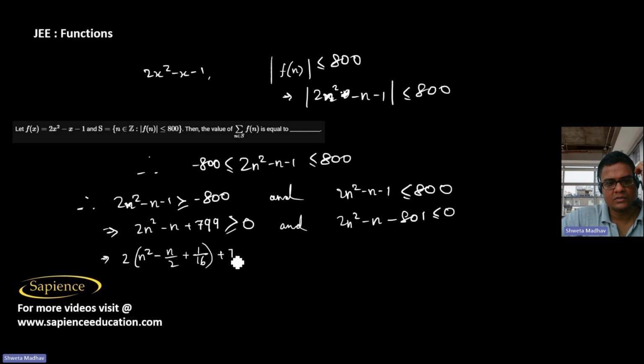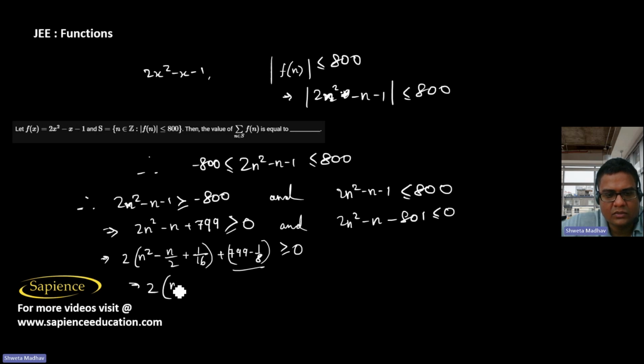So plus 799 minus 1 by 8 should be greater than or equal to 0. So this will be always positive only, since we can write 2 into n minus 1 by 4 whole square plus 799 minus 1 by 8, that is greater than or equal to 0. So it is always true.